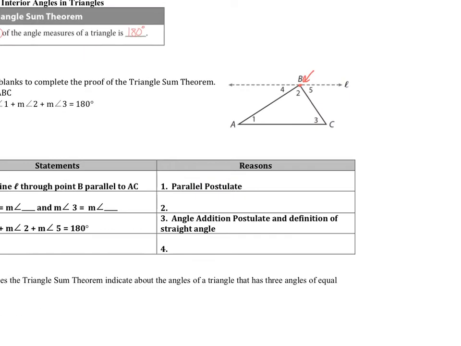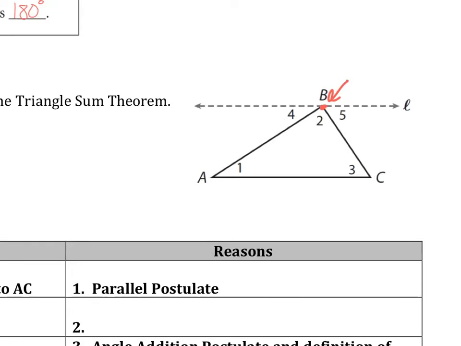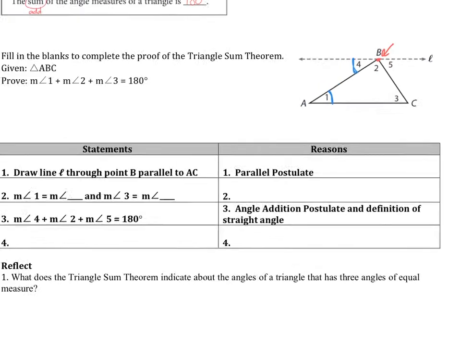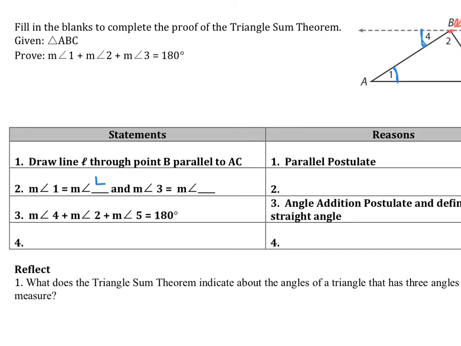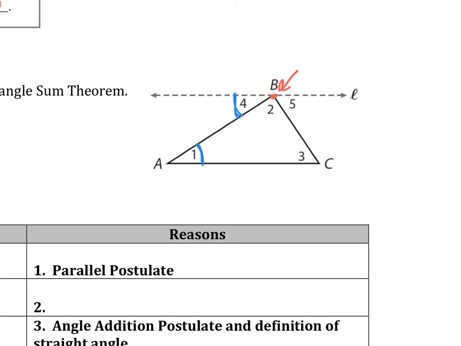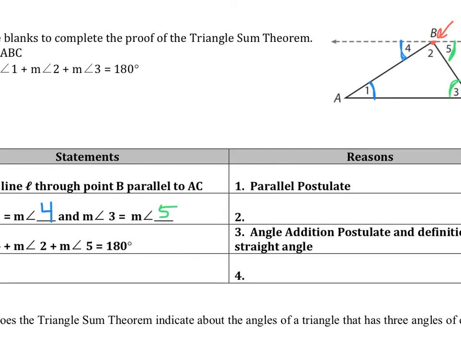That's all that's saying. And so from that, we now have two parallel lines, which means that angle 1 right here is congruent to angle 4 because they are alternate interior angles. So we can say angle 1 is equal to angle 4, and then angle 3, similarly, is going to be congruent to angle 5 because those are alternate interior angles.